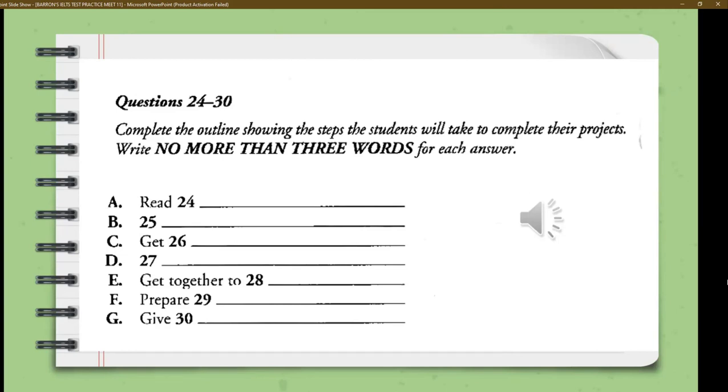Before you hear the rest of the conversation, you have some time to look at questions 24 to 30 on page 86.